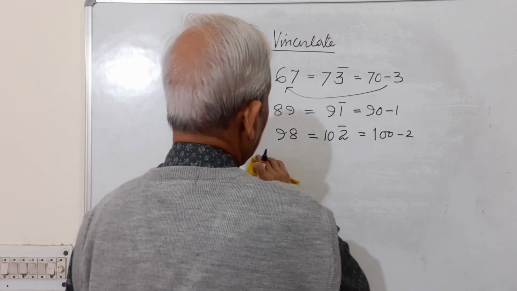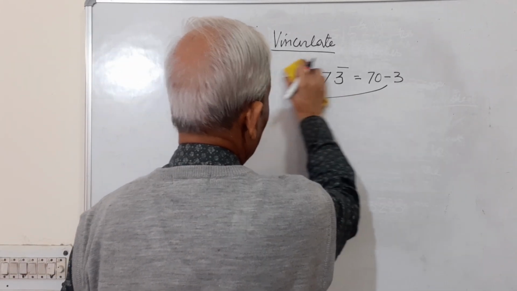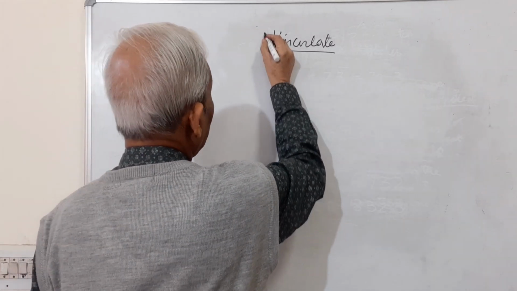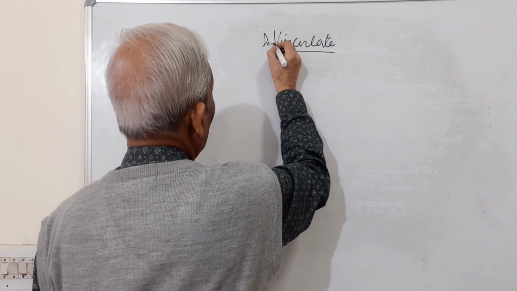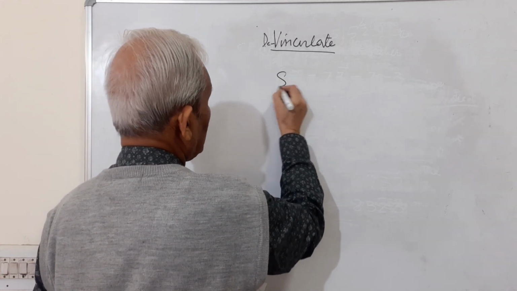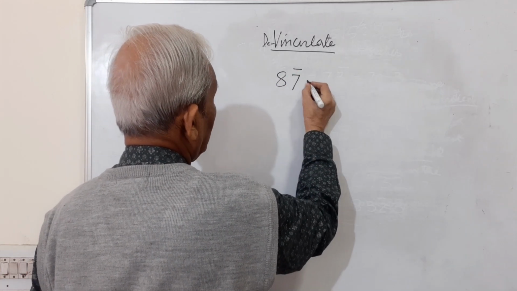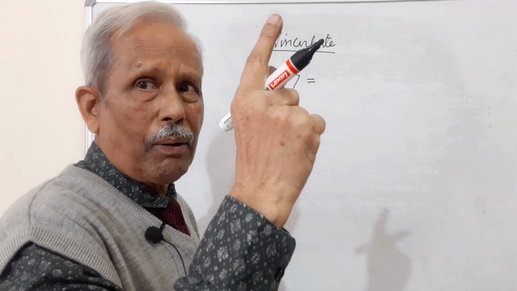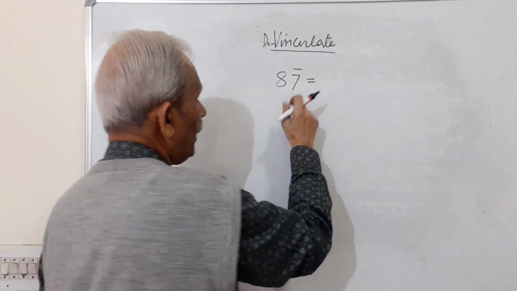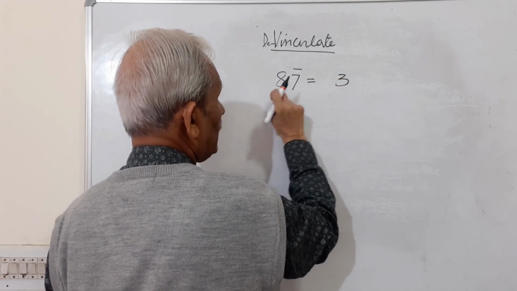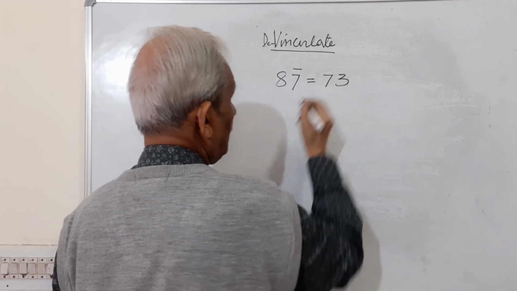Now let us see how to devinculate a number, what we have done earlier. Devinculating. Well, for example, the number is 87 bar. To devinculate, again I told you, subtract 7 from 10 to make it 3, and then reduce this number 8, don't increase, by 1, make it 73.